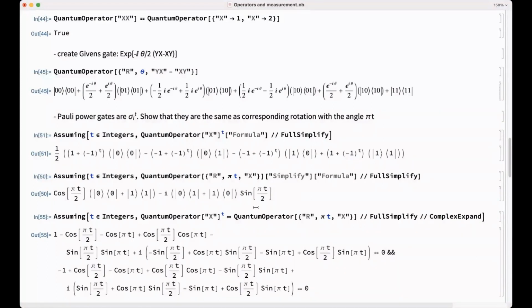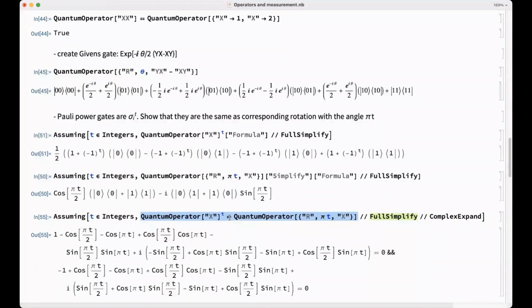There is always an overall phase. In much of the literature we do not say that explicitly. We would say Pauli power gate is the same as rotation by a given angle, and they are the same because the overall phase is not included.